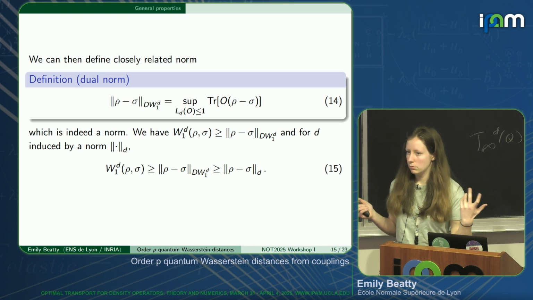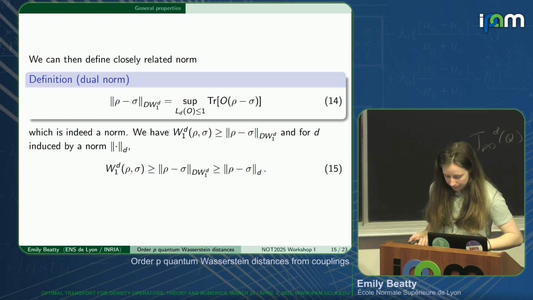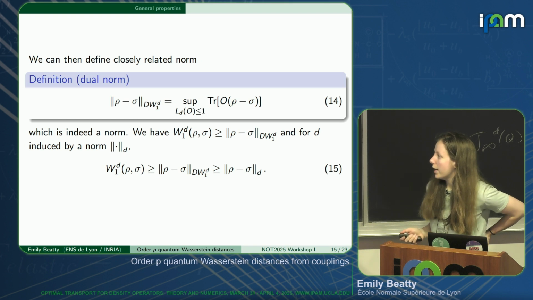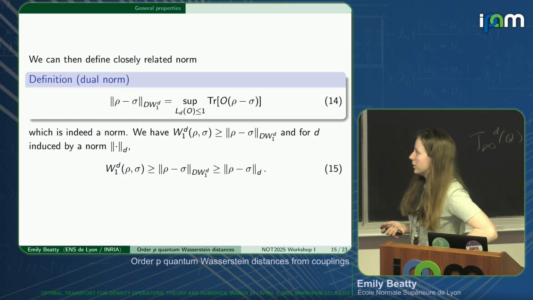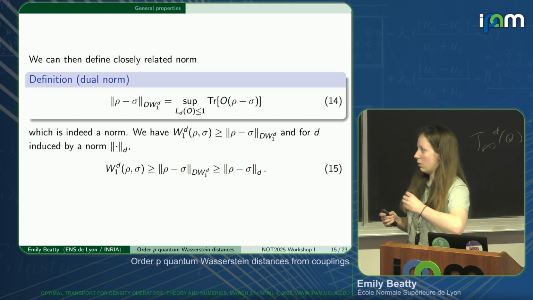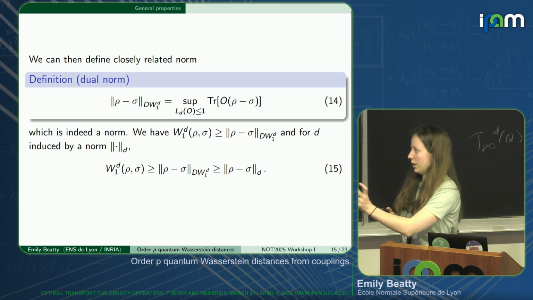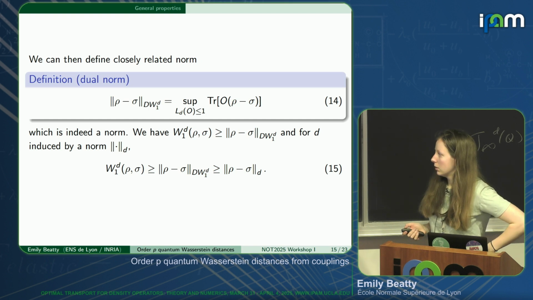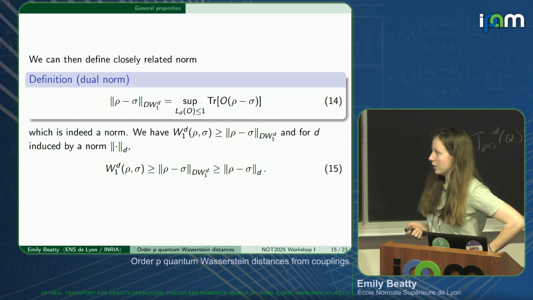It's a norm, so you get the triangle inequality. In addition, as Natalia was saying, in the case where your distance D on pure states is induced by a norm, you get this sandwiching of the double dual norm between the first order and the norm you started with. So this sits very neatly at the bottom of this hierarchy.